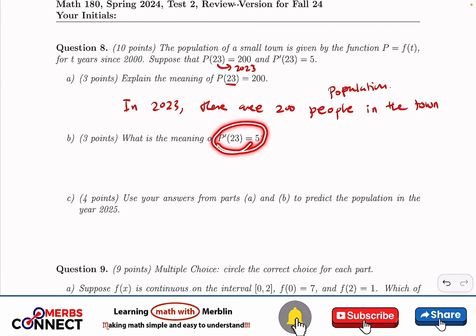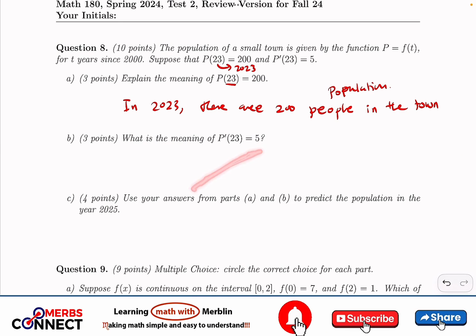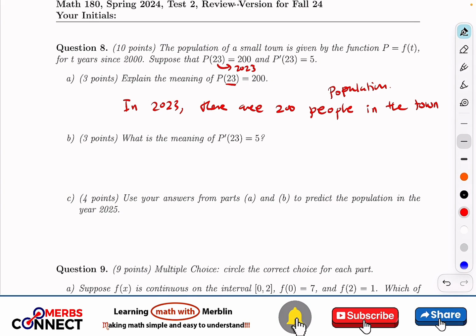Now we are looking at the change. What is basically happening here? As the population is growing, we get to 2023. This is positive, so something positive means that it's going to increase. So how are we going to say this?